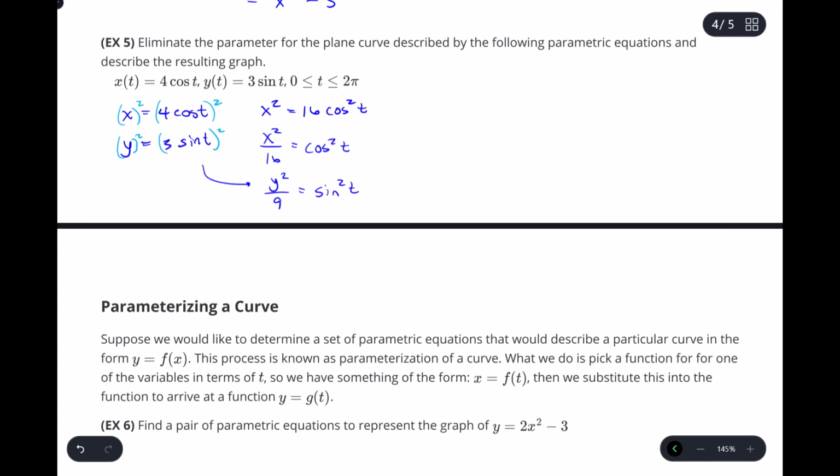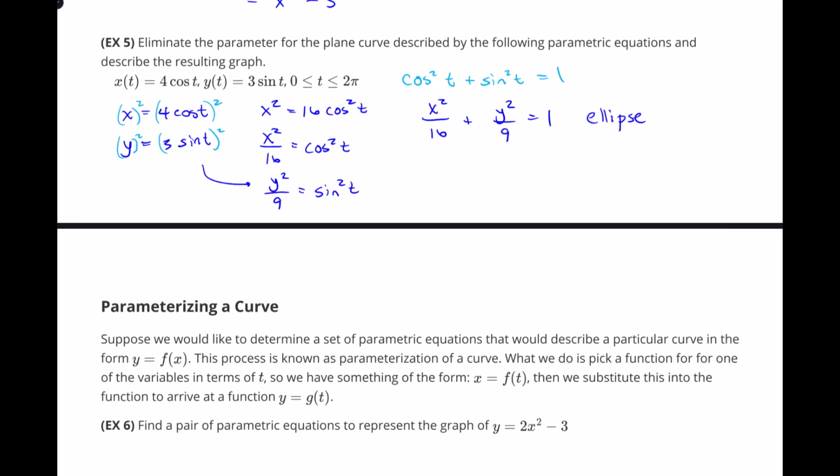Now, using the Pythagorean identity from trig, cosine squared t plus sine squared t is equal to 1. I can now just substitute what I know for cosine squared t, which is x squared over 16, and for sine squared, which is y squared over 9, which equals 1. And based off of that transformation, I can tell that this graph would be an ellipse.